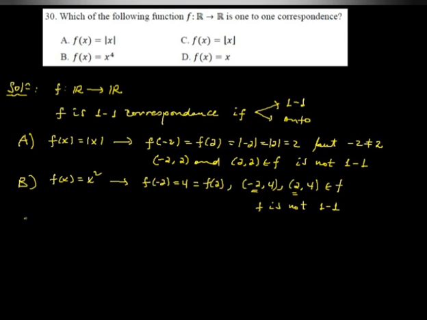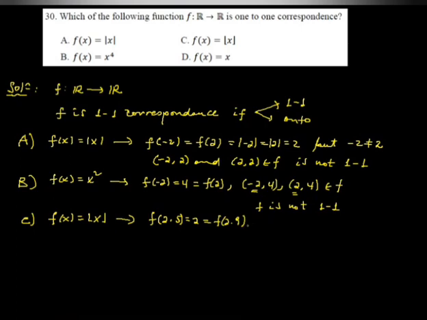Let's check the function in C. In C we have f of x is equal to the greatest integer function. So let's take some numbers for this. f of 2.5 is 2. Similarly, f of 2.9 is also 2.